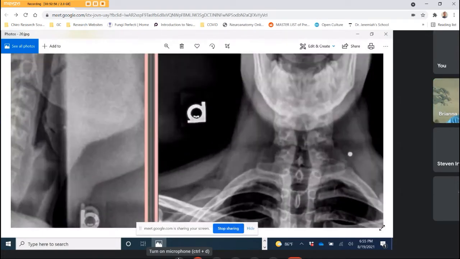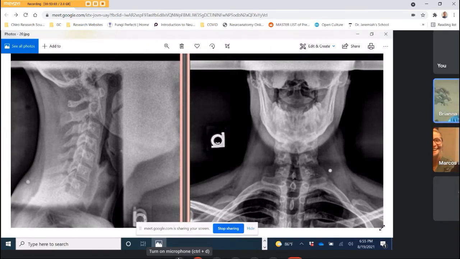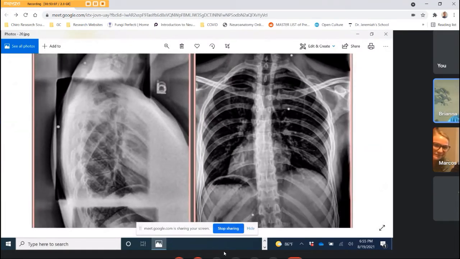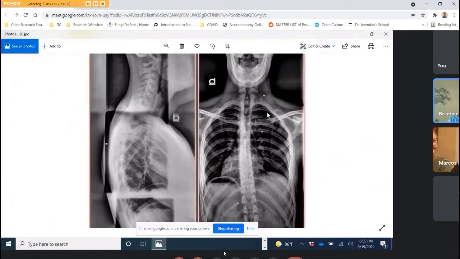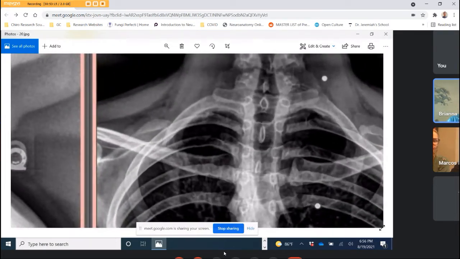Dr. Meisel, all the chiropractors are just trying to look for pathology on this because it's CO-nines. Yep. So look at the heart shadow. Look at the apices of the lungs. Look at the ribs.